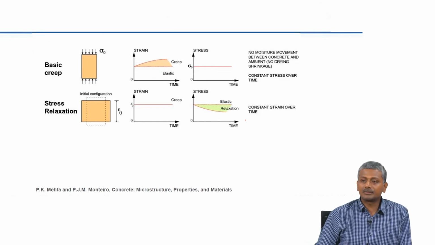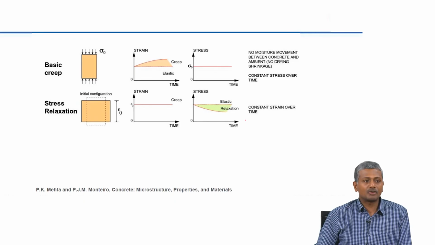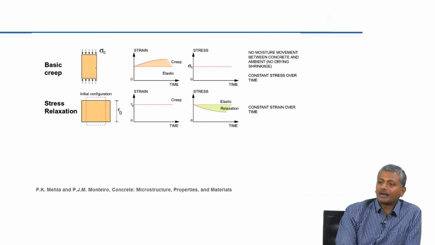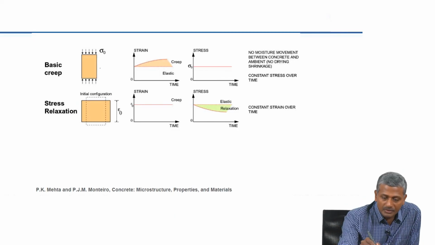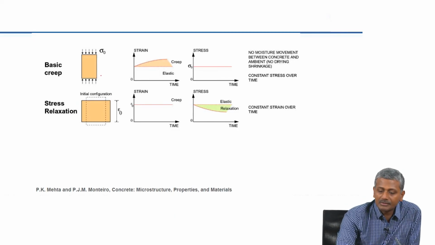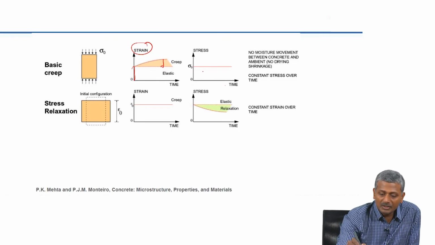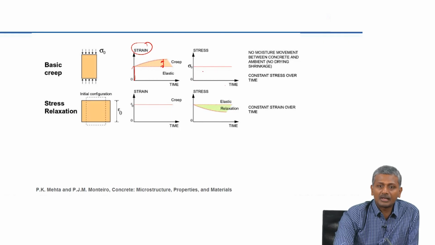Now, if you look at how we study these phenomena in the laboratory, basic creep is when there is no drying associated with it. You have concrete subjected to a constant stress condition. So, stress against time is constant, and here there is an elastic strain and there is going to be a creep strain. The difference between the creep and the elastic strain accounts for the permanent deformation in your material.